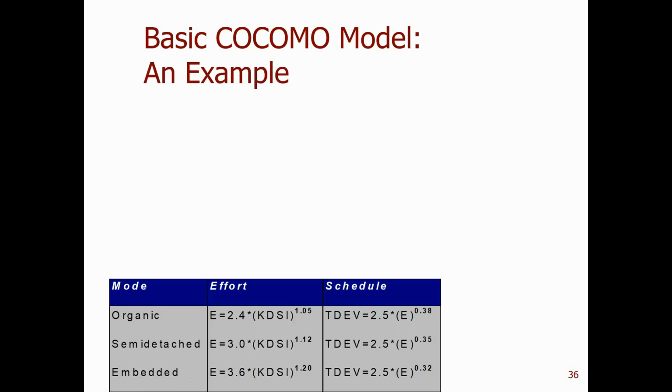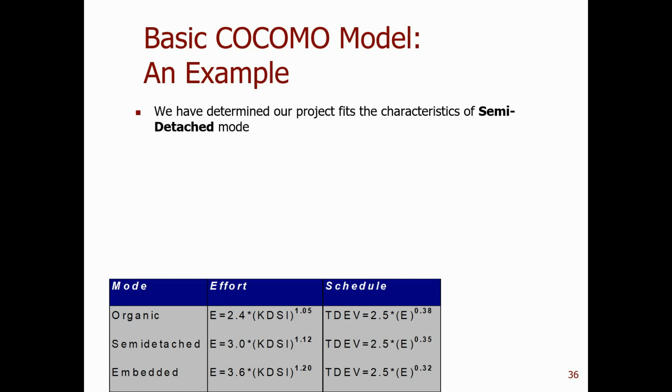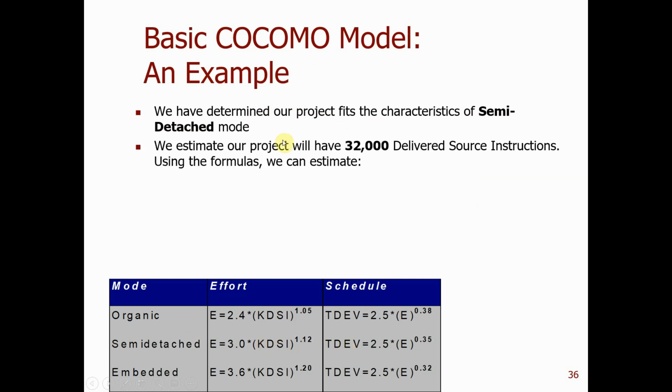Let's look at an example. We have determined our project fits the semi-detached mode, so we use these 2 equations. We estimate our project will have 32,000 delivered source instructions, so KDSI is 32.